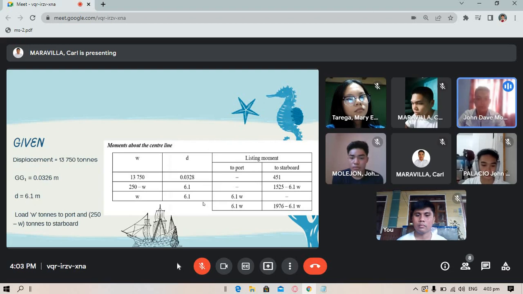To get 1,525, multiply 250 by 6.1. For the starboard listing moment, add 451 plus 1,525 to get 1,976, then minus W times the distance, which is 6.1. After the given problem, the next reporter, Maravilla Carl, will check the following givens.